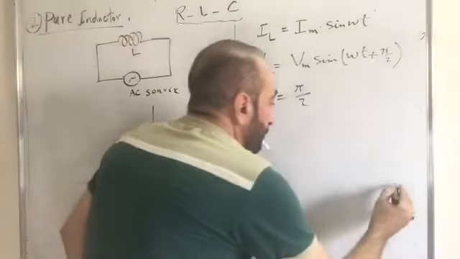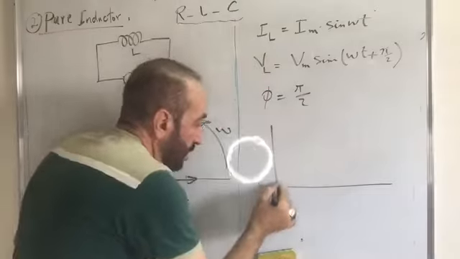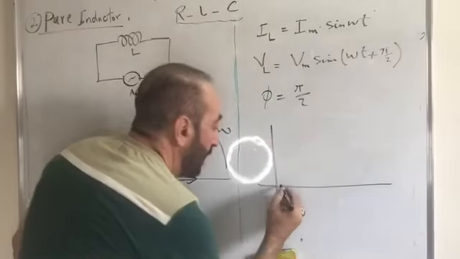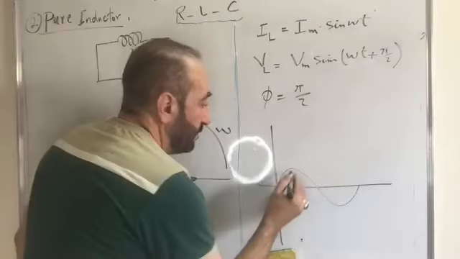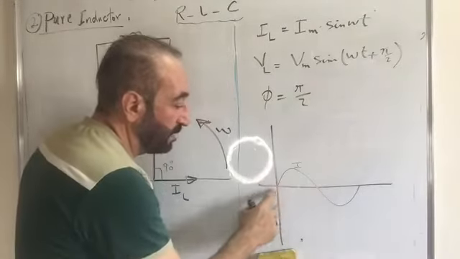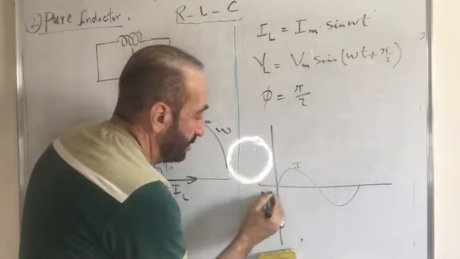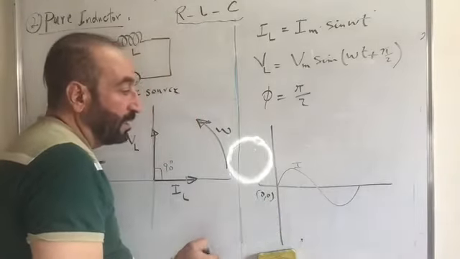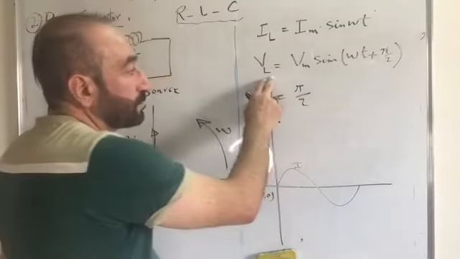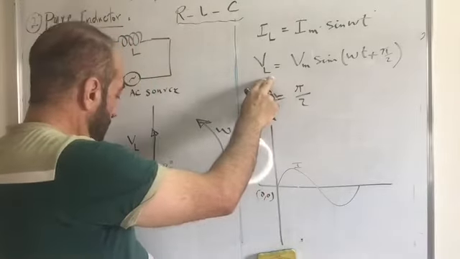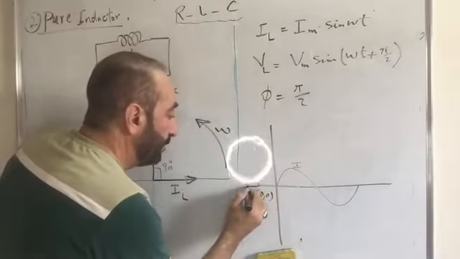And we can also draw I as a sinusoidal wave. This is I, beginning from the origin. V starts from here.